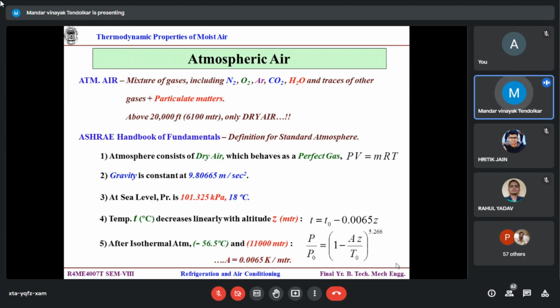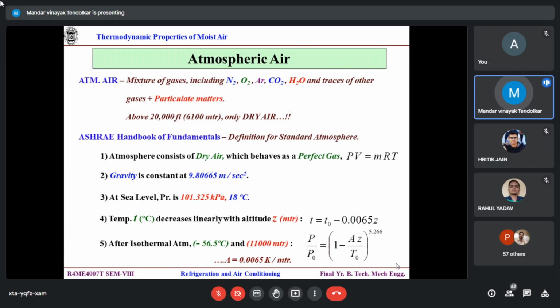And after the isothermal atmosphere, that means at some particular height, how much is it given? 11,000 meters. Your temperature would be minus 56.5 degrees Celsius. After that, your pressure variation P by P0 is given with that particular expression, where A is a constant that is also given, Z is the altitude, and the index is 5.266.